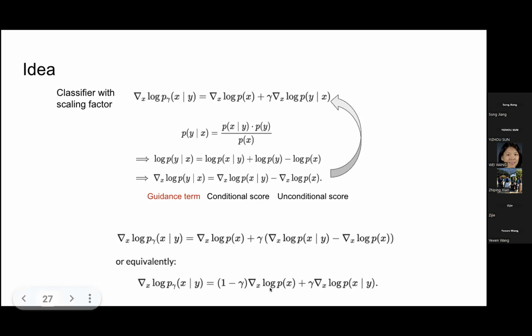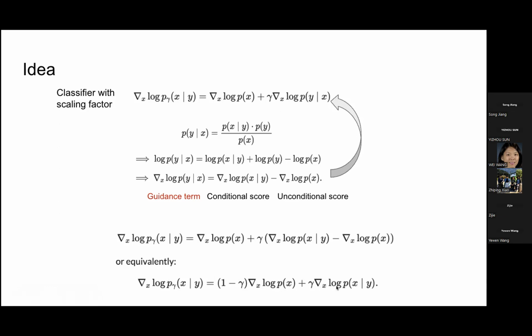So this is interesting, right? We know the left part is what we want: a conditional generation with some scaling factor. And looking at the right part, we only have two terms. The first one is still the unconditional model, the score-based diffusion model. And the second part is the conditional generation, as what we want.